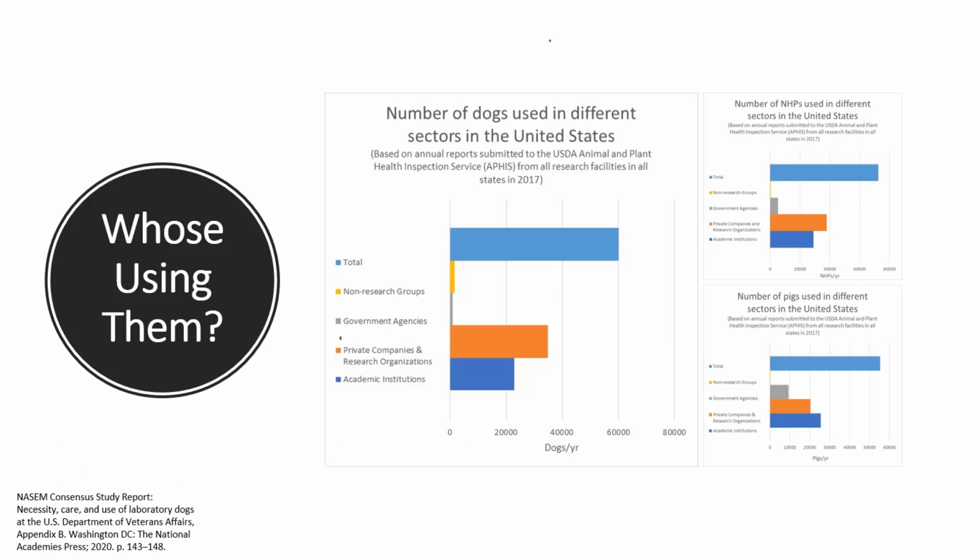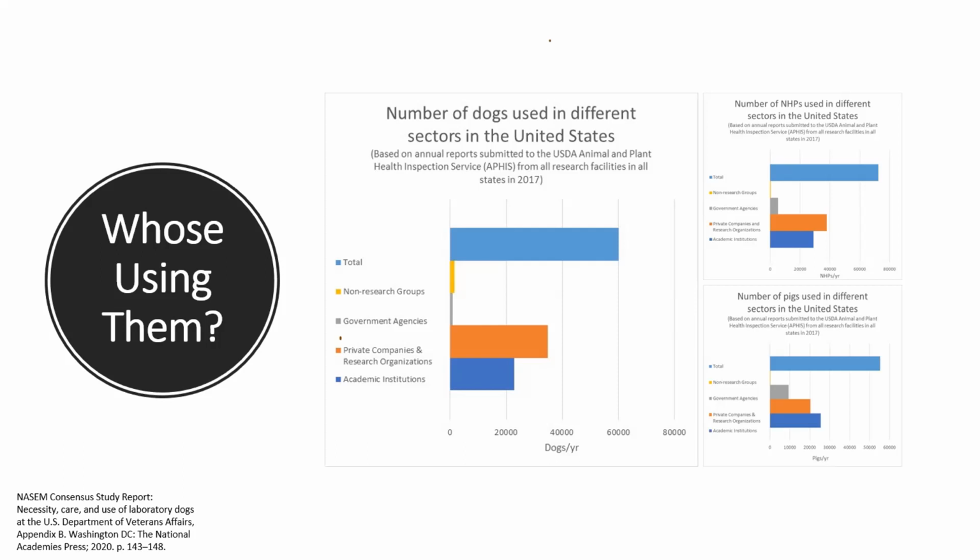They do not reflect animals being held but not used, so animals in breeding colonies are not represented here. But again, a similar pattern. The majority of these animals are being used by private research, industrial organizations, and again, presumably largely for product development.